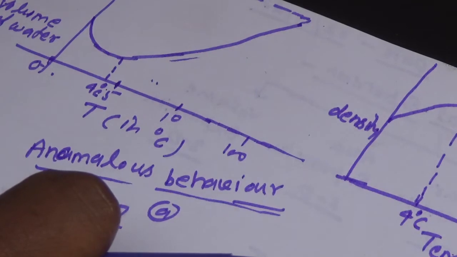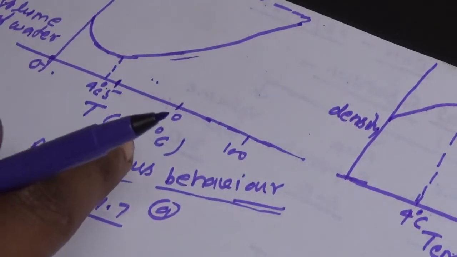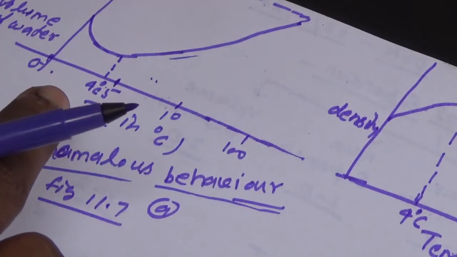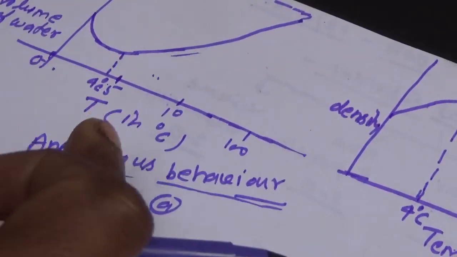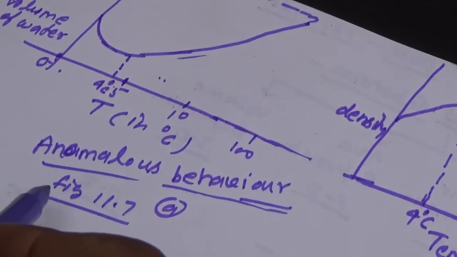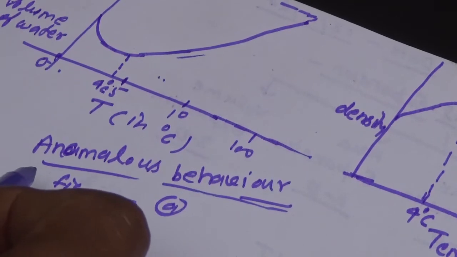It does not always decrease. Firstly, between 0 to 4 degrees Celsius its volume decreases, and then it rises linearly. So due to this effect, we can see this effect in the environment.